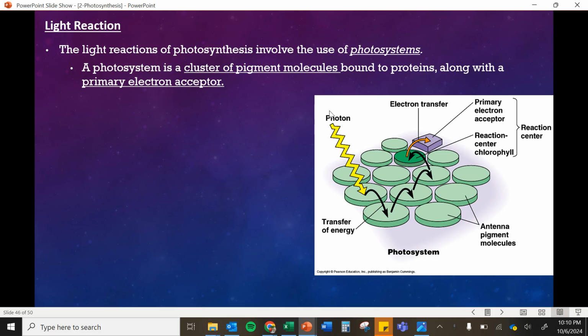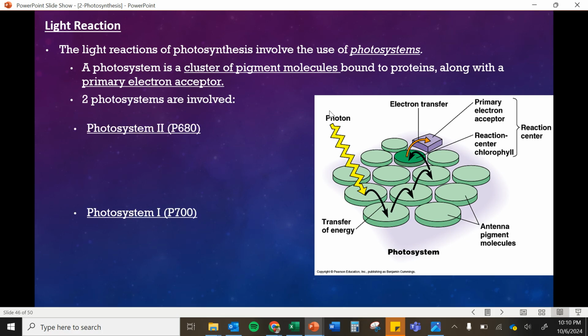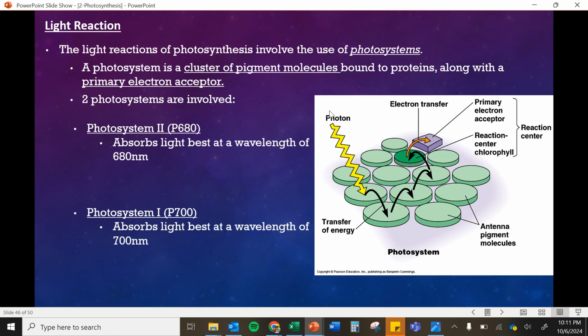is absorbing the light. There are two photosystems that are involved: photosystem 2 and photosystem 1, and they both absorb slightly different wavelengths of light. Photosystem 2 absorbs 680 nanometers, and photosystem 1 absorbs 700 nanometers best.